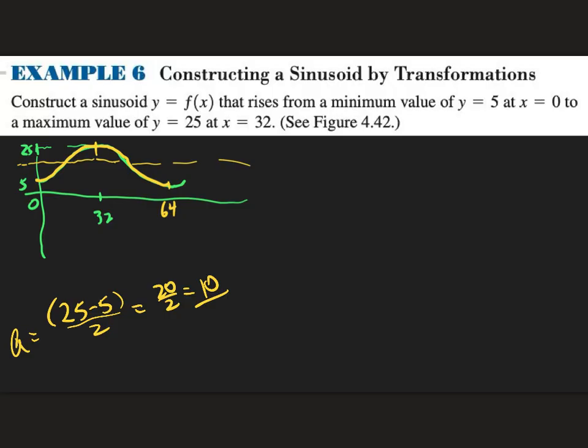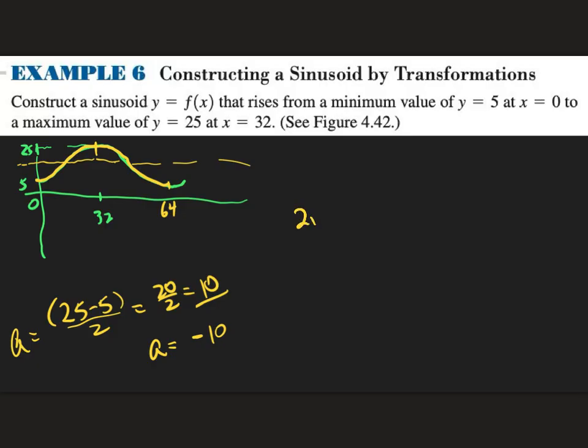So this is the upside down cosine. That means our amplitude is -10. That's our A, because the cosine starts at the minimum or the maximum. If it starts at the maximum, it's positive. If it starts at the minimum, it's negative.